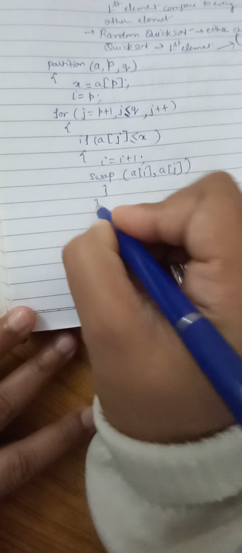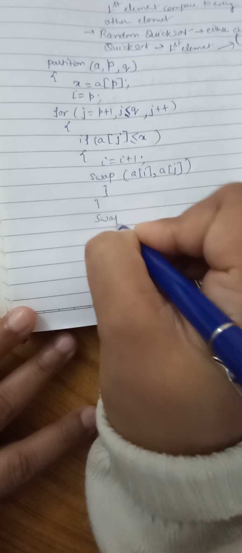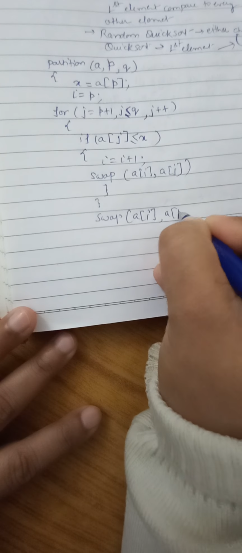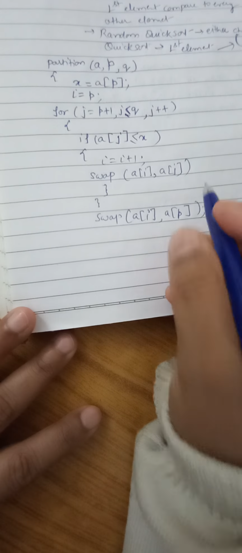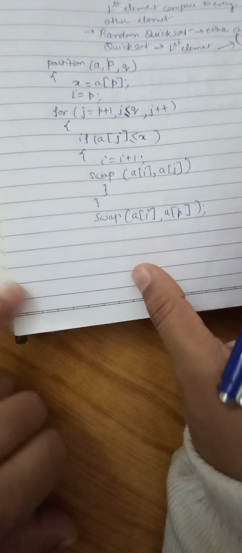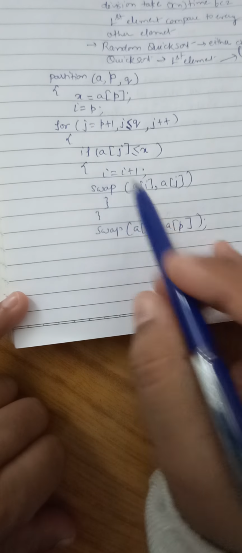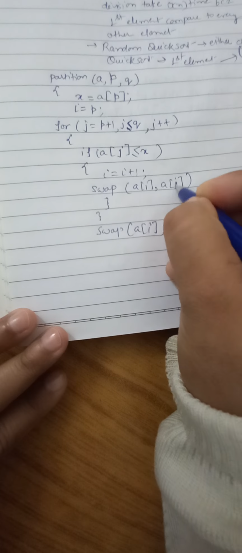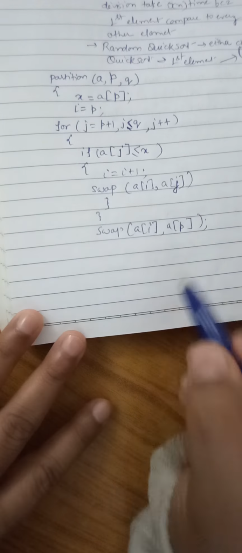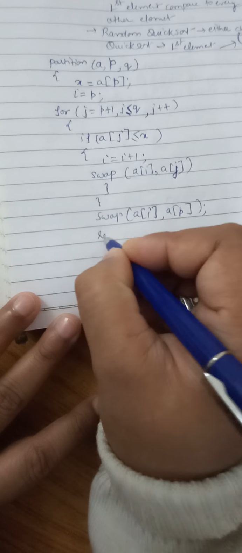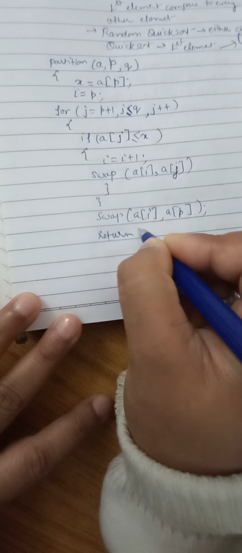Otherwise, what will we swap? We will swap A[i] with A[p]. Here we are swapping the ith element, not the jth, with A[p], the pivot element, and it will return i.